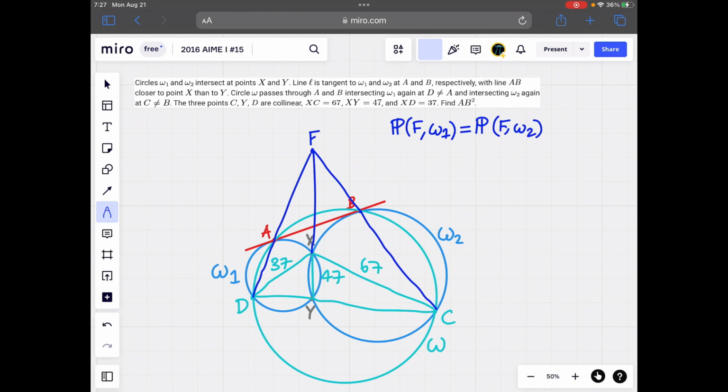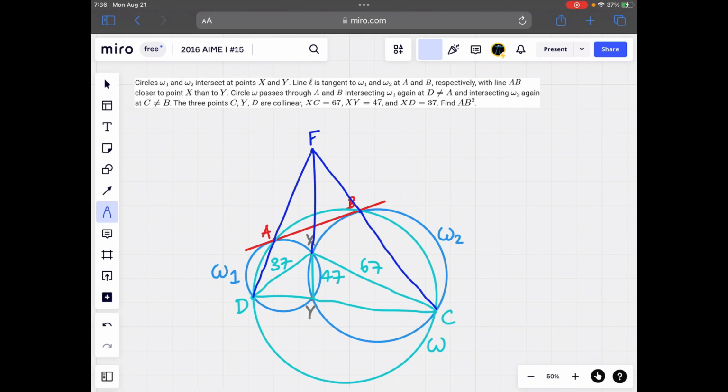But the power of F with respect to omega 2 is also equal to the power of F with respect to omega, since it lies on the radical axis of those two circles, which is just BC. So this implies that the power of F with respect to omega 1 is equal to the power of F with respect to omega. And that means it lies on the radical axis of omega 1 and omega. And that implies that all three radical axes are concurrent at F.